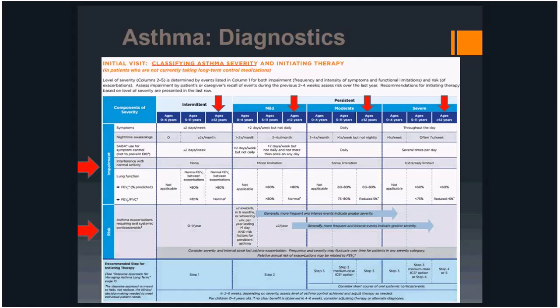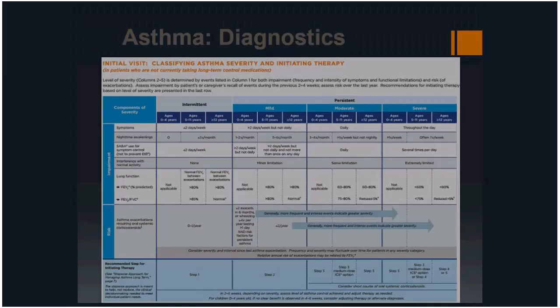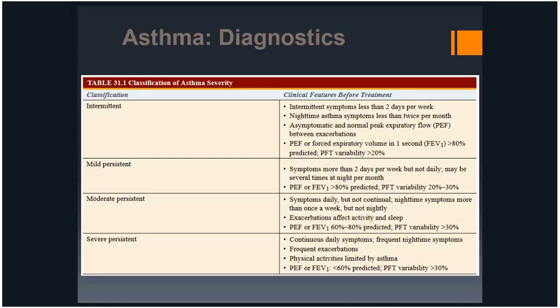You are evaluating impairment. And so here in this instance, you are looking at the symptoms. How often is the patient bothered by the symptoms? And you can see with intermittent, as it was displayed here on the table, it tells you how often the symptoms occur.